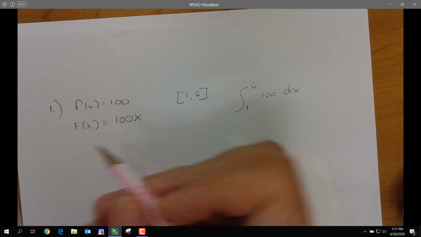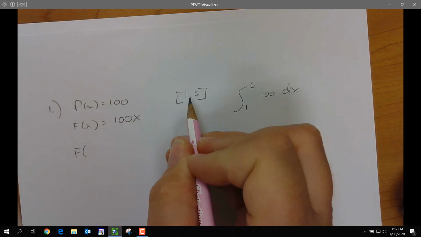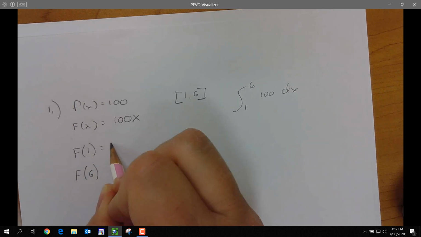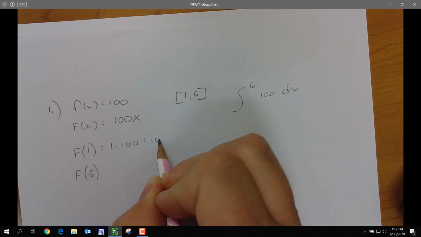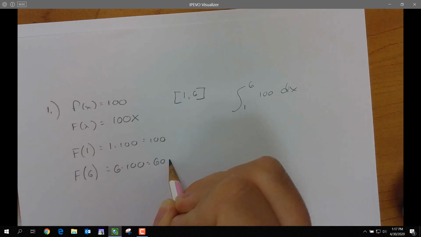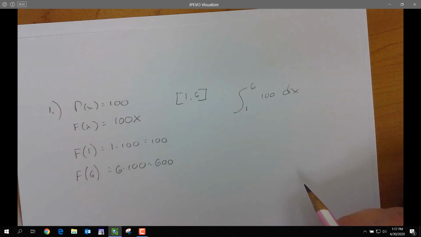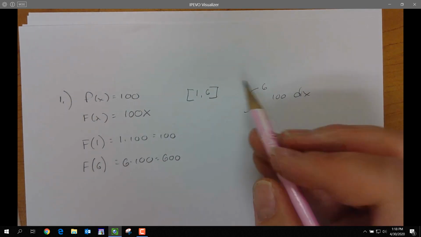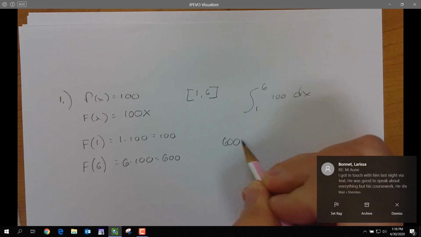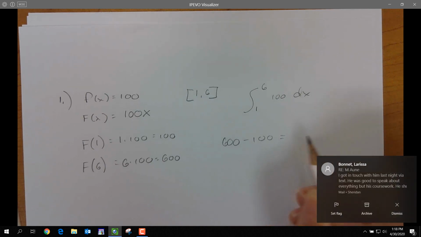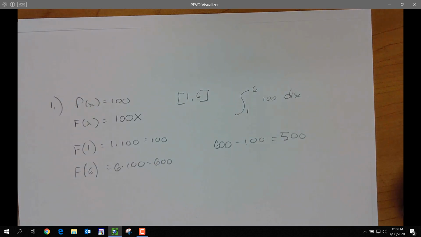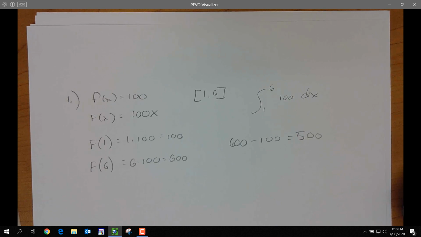And from here, we then put in that value of 1 and that value of 6. So we'd have 1 times 100, or 100. Down here, we'd have 6 times 100, or 600. And then the fundamental theorem of calculus says then subtract. So you subtract your top or your second one first. So 600 minus 100 is going to give me 500. So the area under the curve between the numbers 1 and 6 is about 500.